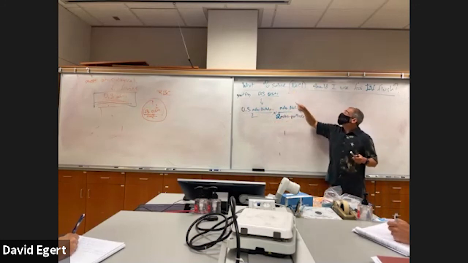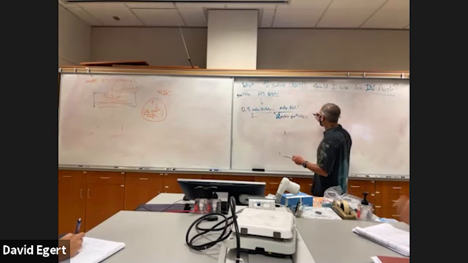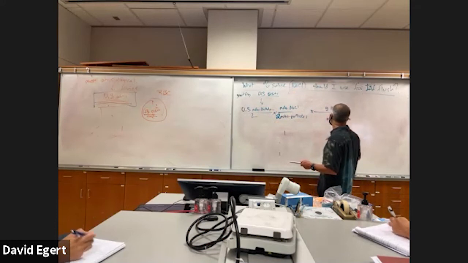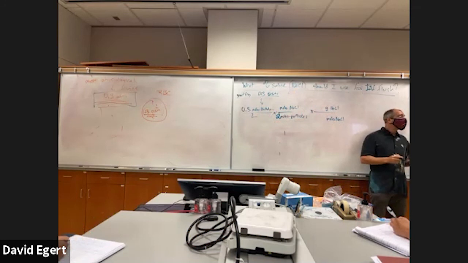We want it to be percent saline though, so that means we have to bring it into the world of grams. So instead of moles of NaCl, I now want grams of NaCl. What's the conversion here? How do I figure that out? Atomic weight. Yeah, using the atomic weight.